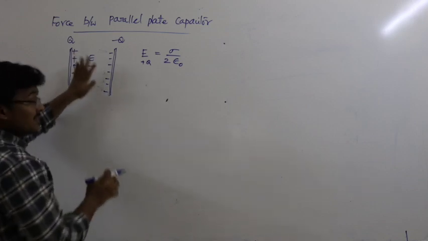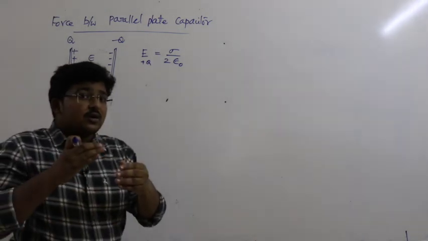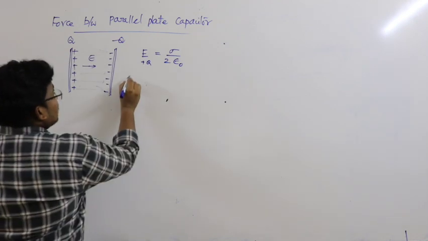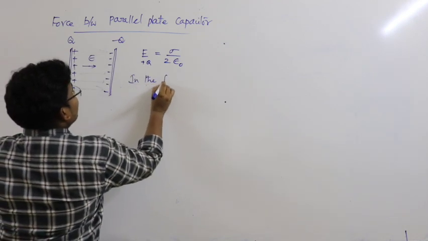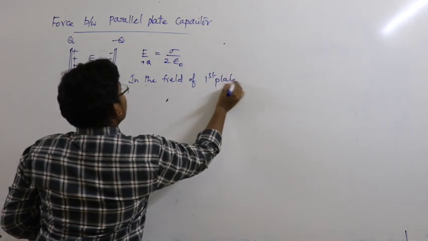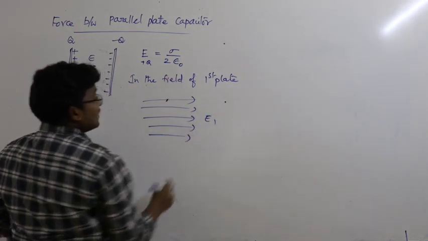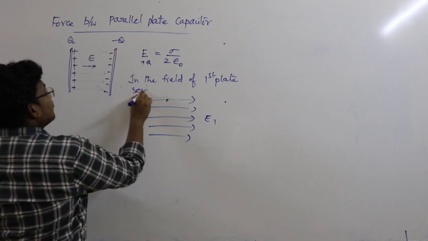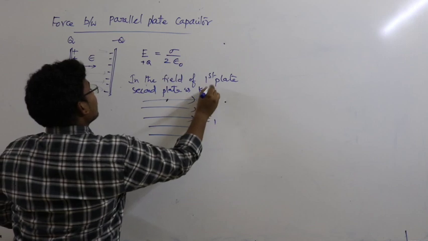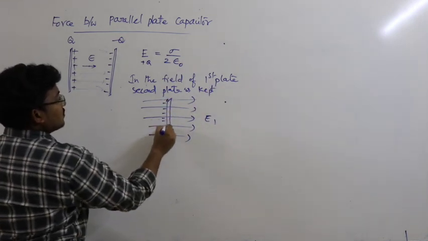Now in this field this charge is kept. I can say like this, in the field of the first plate the second plate is kept. This is the second plate, which has negative charge.